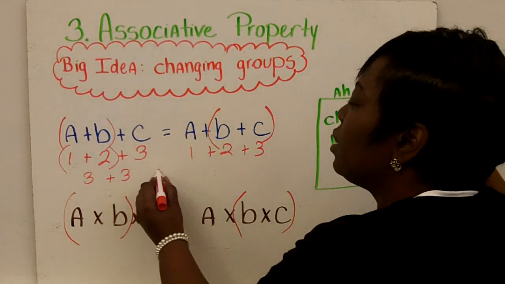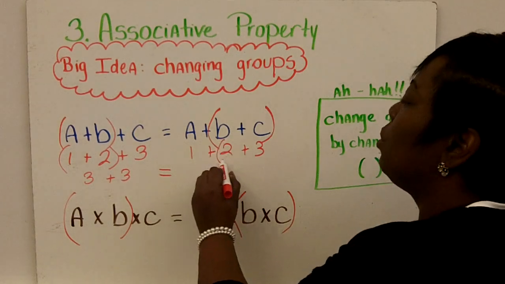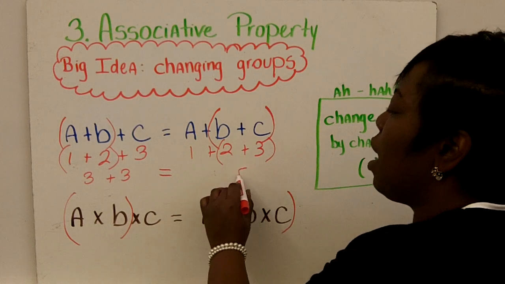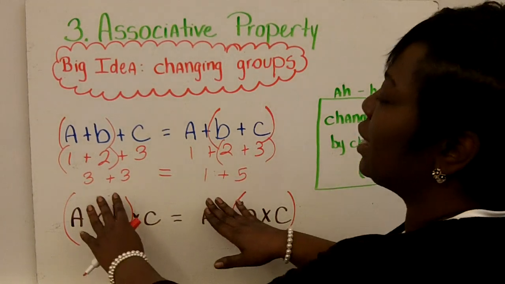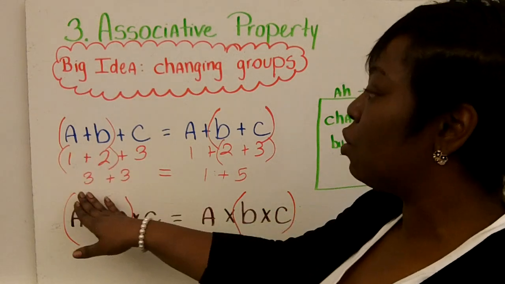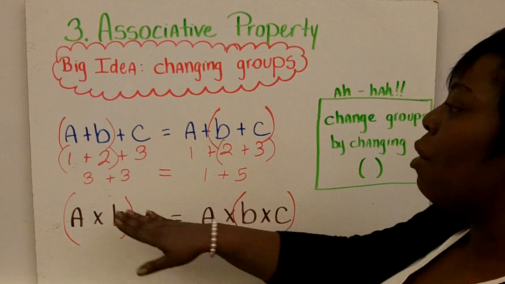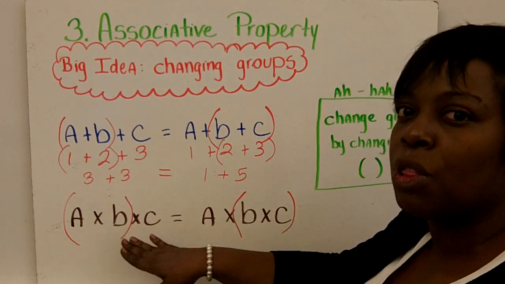But let's come over here and see if the other side also equals 6. You would put the parentheses around B and C. 2 plus 3 is 5. And then add the 1. So as you see, it doesn't matter if you add A and B first and then C, or B and C first and then A, both sides equal 6. And this is a property that also works with multiplication.